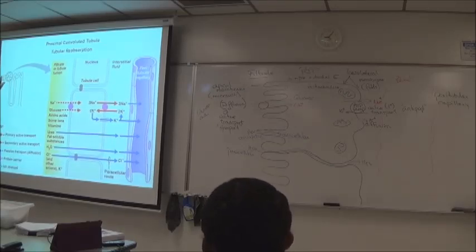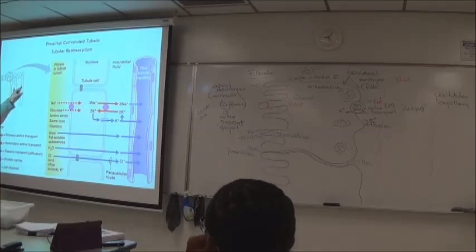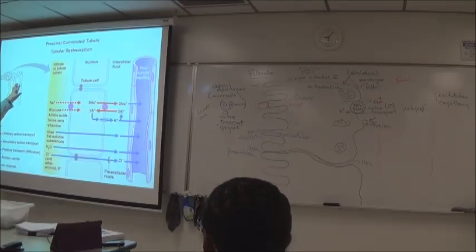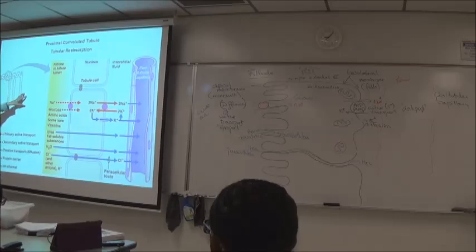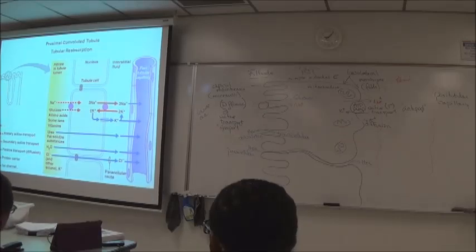And when the blood goes out the efferent arteriole into the peritubular capillary, it's going to have less amino acids in the peritubular capillary than it did in the afferent arteriole. But in the proximal convoluted tubule, we reabsorb all of that, so by the time it gets back into the interlobular veins, it has the same amount of amino acids that it had to begin with. All right, that's essentially what happens with amino acids and with glucose. We filter it, and then we take it back in again.